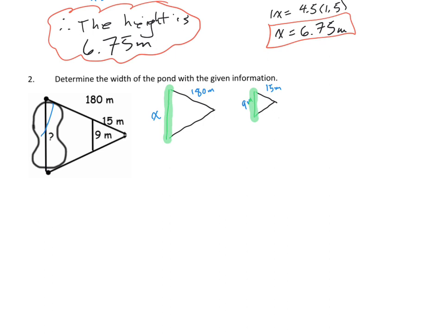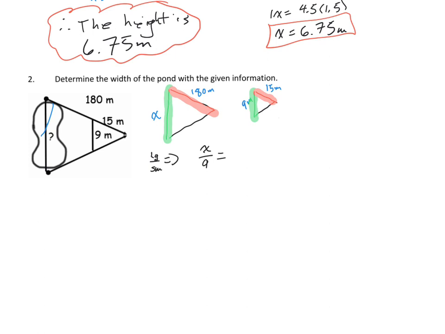So remember, because the X is on the larger one, we're always going to go large over small. So we're going to get X over 9 is equal to, now let's highlight the rest of the sides that are similar. We highlight this side here and this side here.